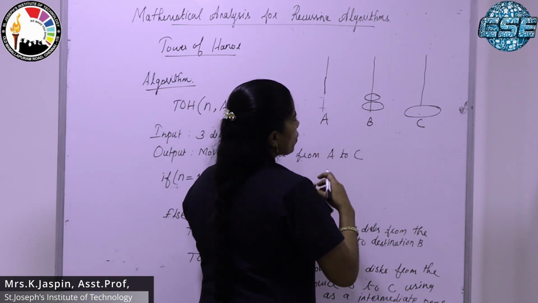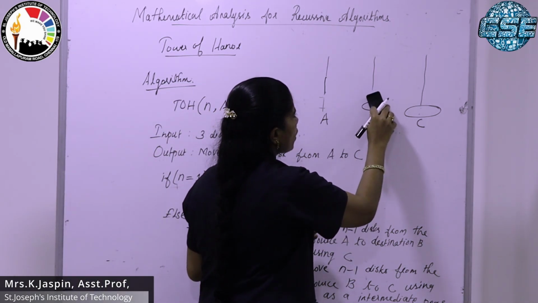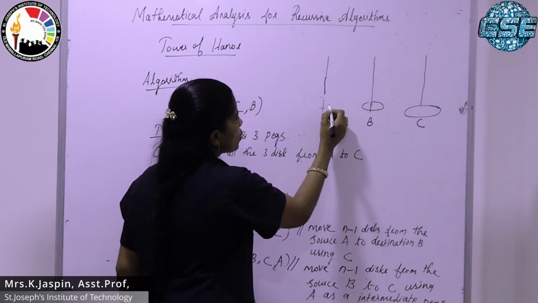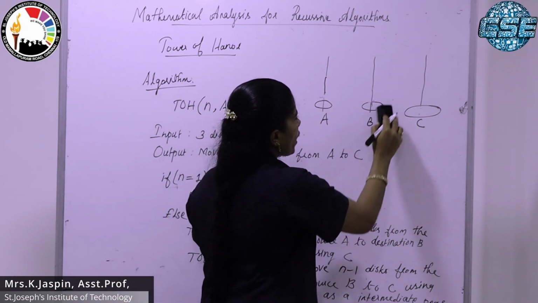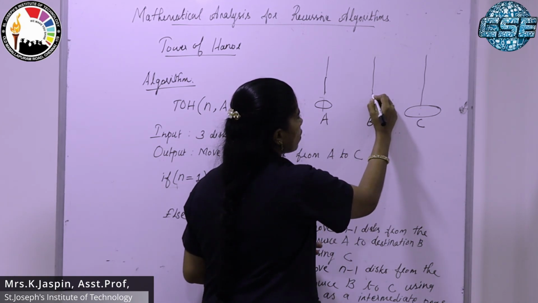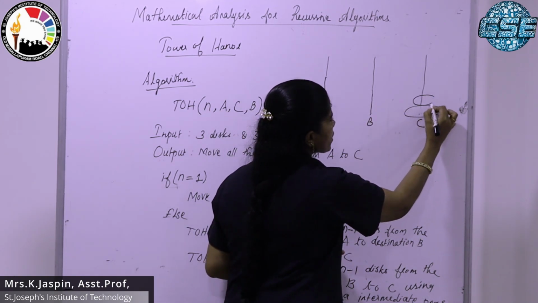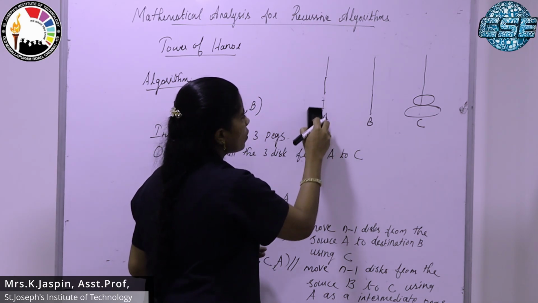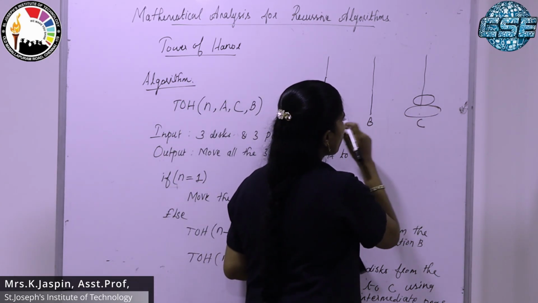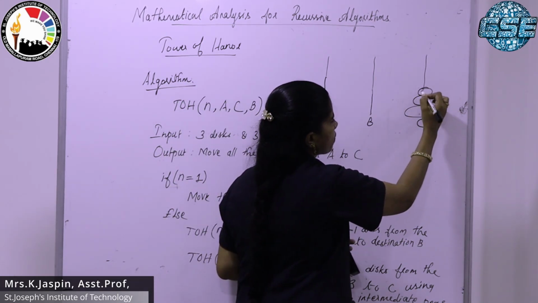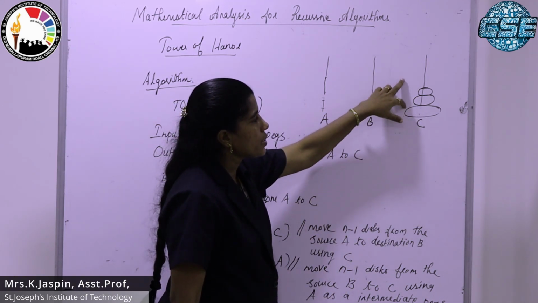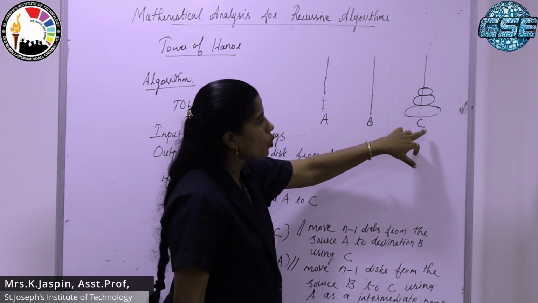At this point I move the smaller disk from B to A. Then I move the intermediate size disk from B to C. Then I move the small disk from A to C. Finally, we get the disks arranged in the output pillar.